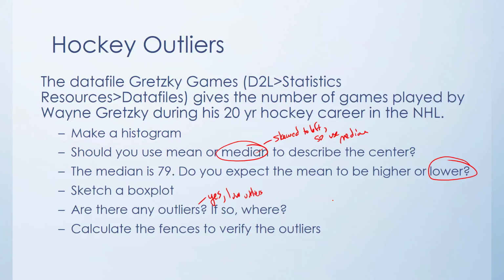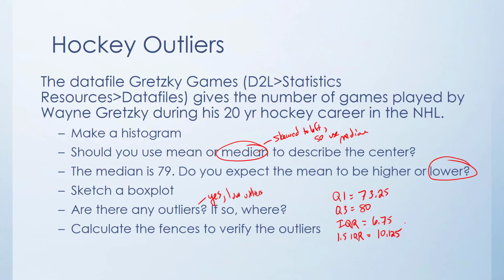All right, so we've got Q1 was 73.25. Q3 was 80. So that, remember, our interquartile range is going to be the difference between those two, which in this case is 6.75. We're going to calculate 1.5 times the interquartile range, and that's going to give us 10.125.